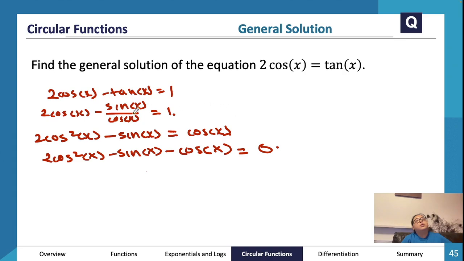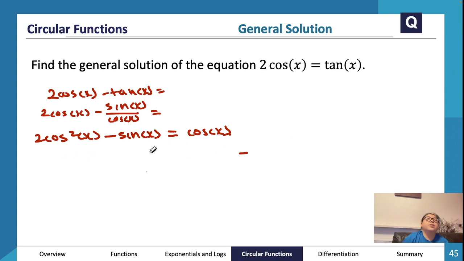Let me think of a good way. Oh, wait, yes. A good way to do this is not to write 1 on the other side. Okay, oopsies, sorry guys. This should just be 0, because I cannot minus. Apologies for that. Alright, so let me just write in a 0 here, because when we took tan to the other side, it should equal 0, shouldn't it? Alright, so when we put that onto the other side, now we can times everything by that. That would still equal 0.